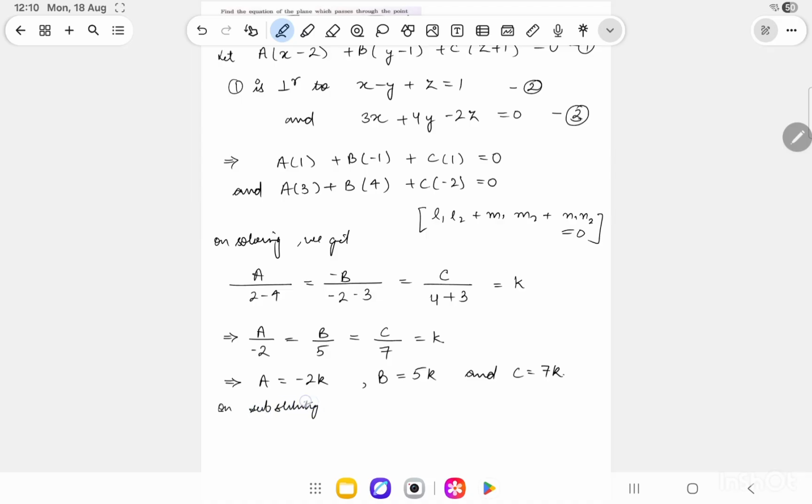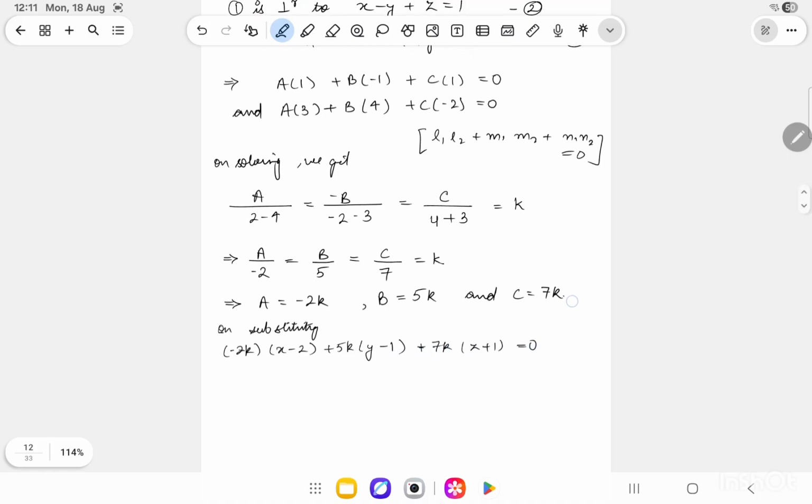On substituting, I'll get minus 2k into x minus 2 plus 5k into y minus 1 plus 7k into z plus 1 equals 0.